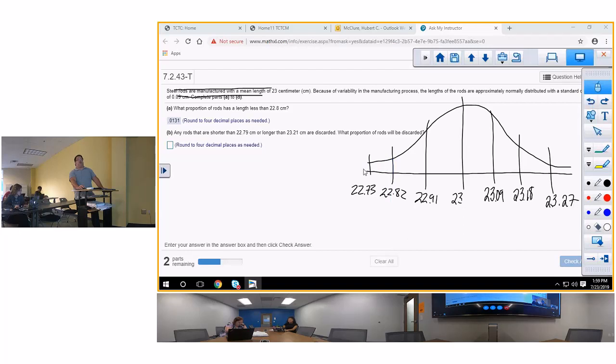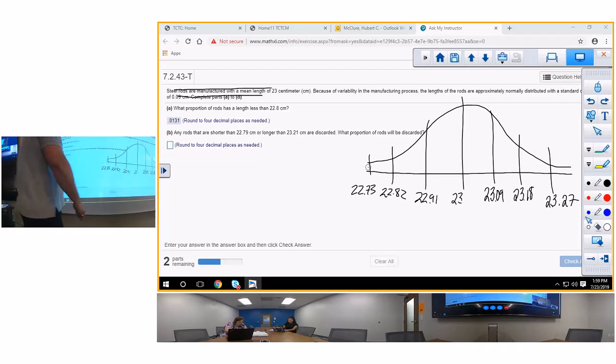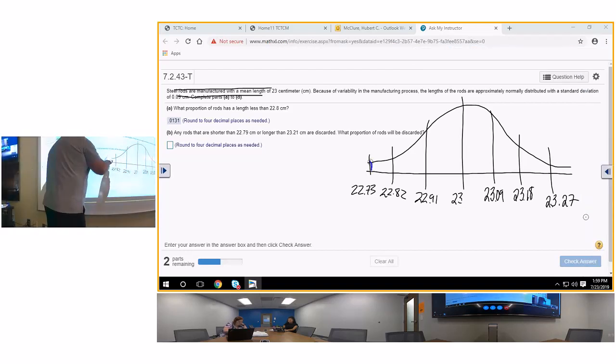Now, the good thing is it's going to be the same area because they're asking for the left tail and the right tail. I'm going to do it in blue. 22.79 is right here.